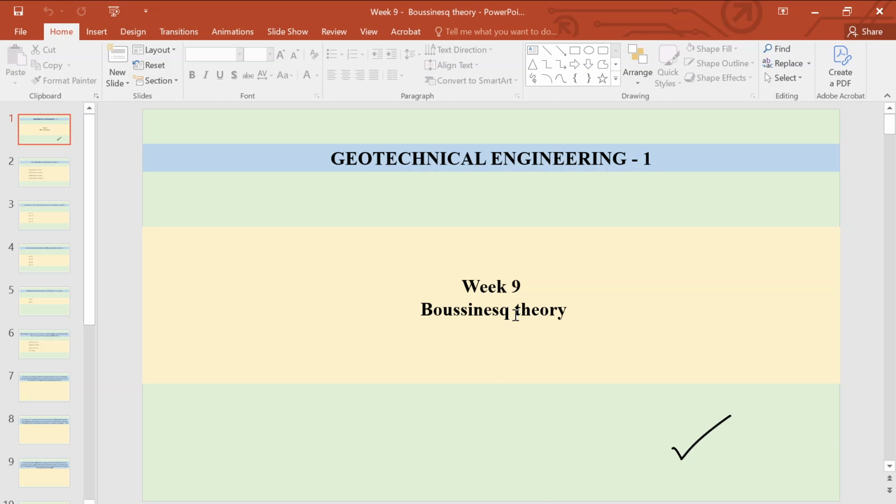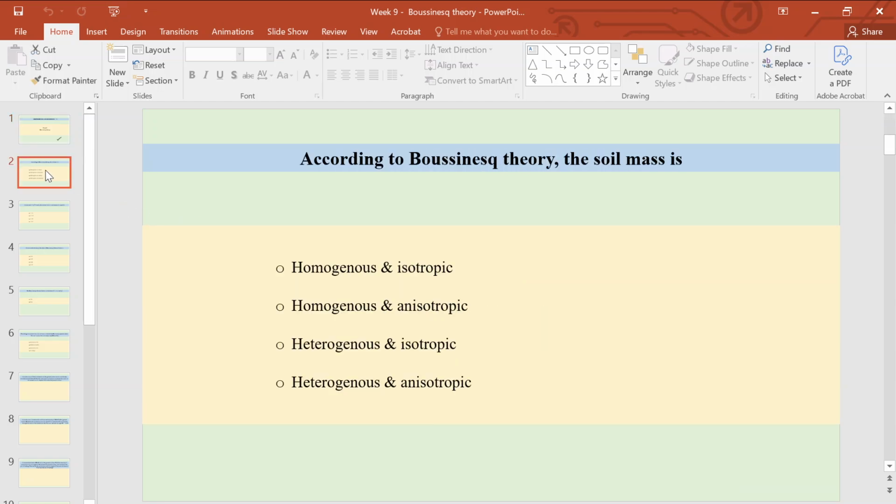This is the 9th live discussion session of the course Geotechnical Engineering 1. The topic is Boussinesq theory. The first question is: according to Boussinesq theory, the soil mass is, your options are: first option, homogeneous and isotropic. Second option, homogeneous and anisotropic.